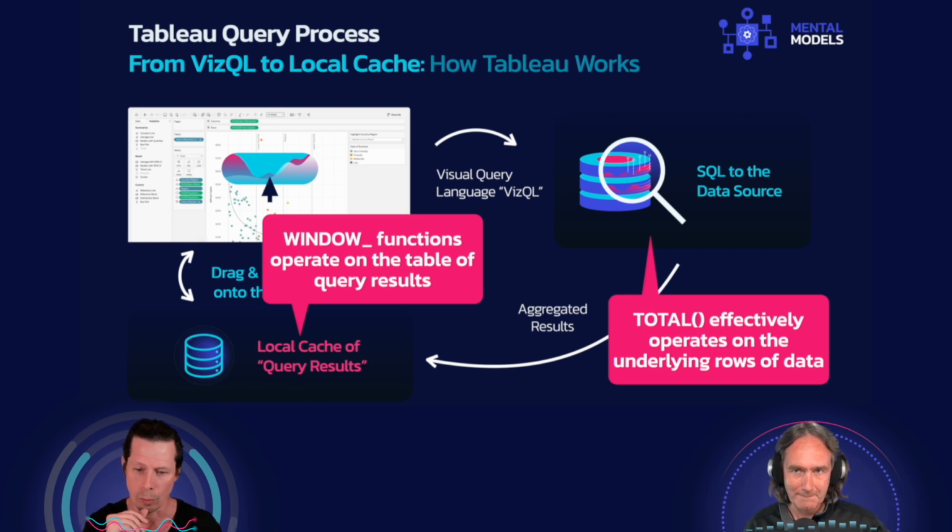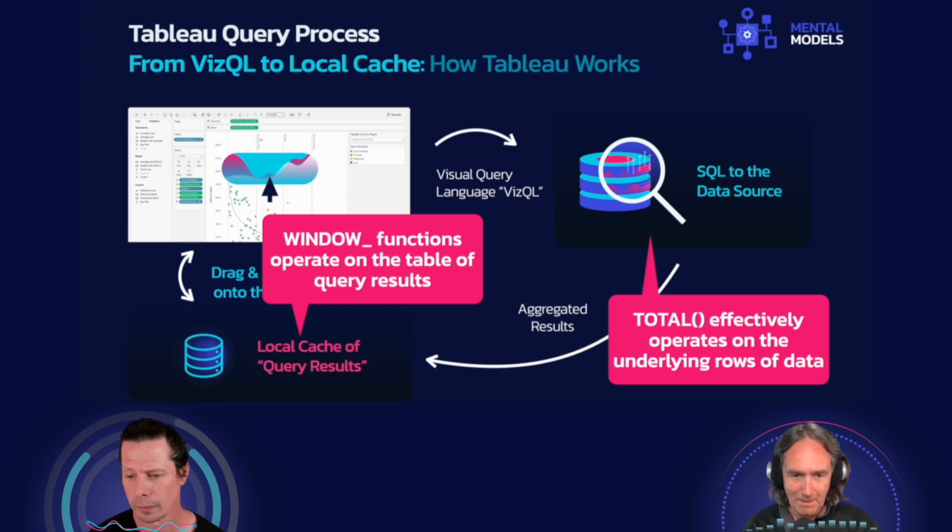Whereas the total isn't looking at that local cache of query results. The total is looking at all of the observations in the underlying data set. And there's only one type of aggregation that can happen, and that's whatever the total is run off of, the regular aggregate function that the total is run on top of. And it's just going to go against all of those underlying records.